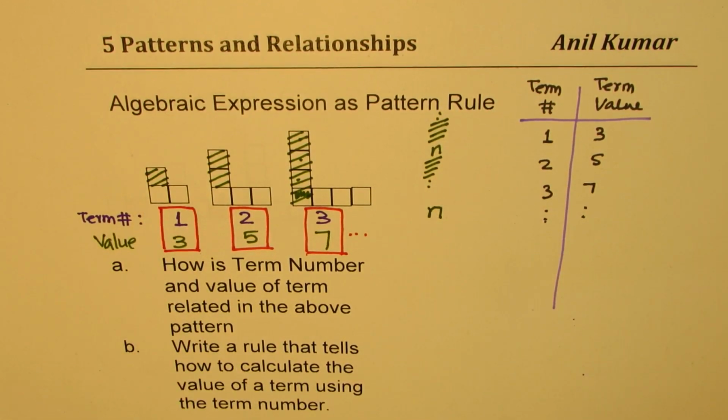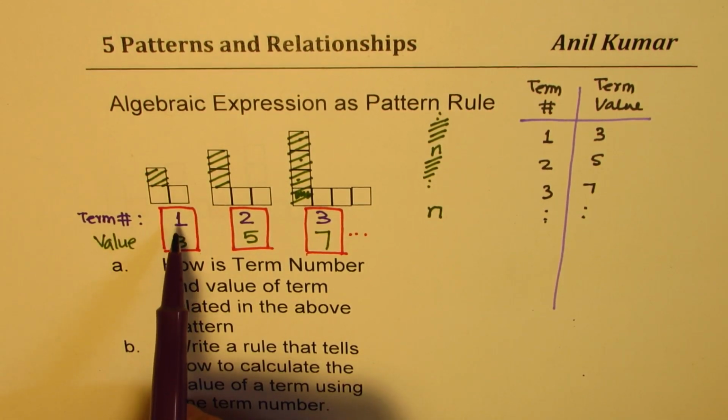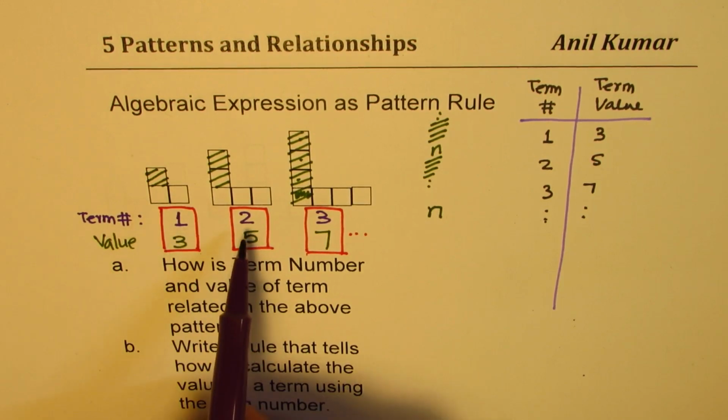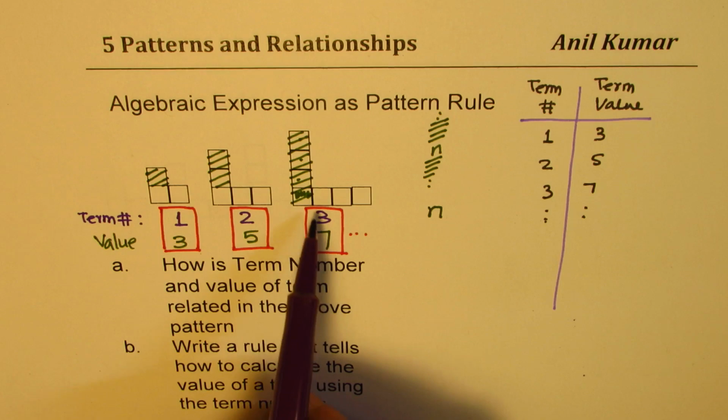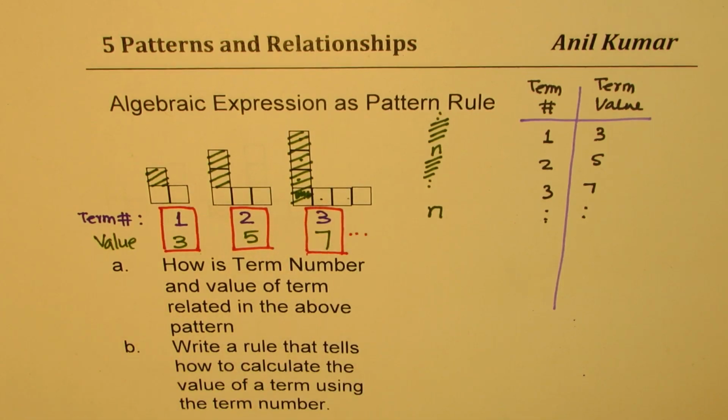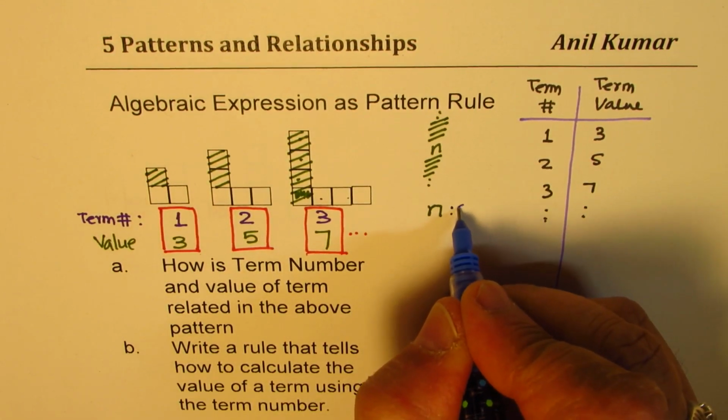How many are not shaded? Now let's figure out how many are not shaded. For that, in the first term we have 2 not shaded. In the second term we have 3 not shaded. In the third term we have 4 not shaded. So n is shaded. Let me write it down, right? We have n is shaded.